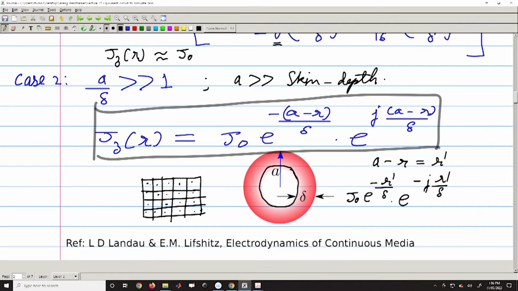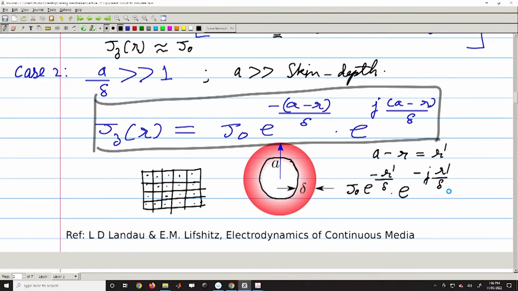From here you will be able to find the current distribution and then the effective resistance and also the inductance. So, that is all for this simple conductor, I mean the closed form expressions.